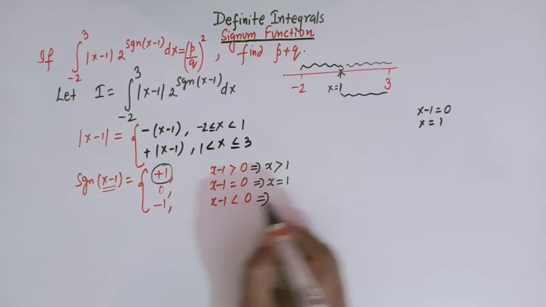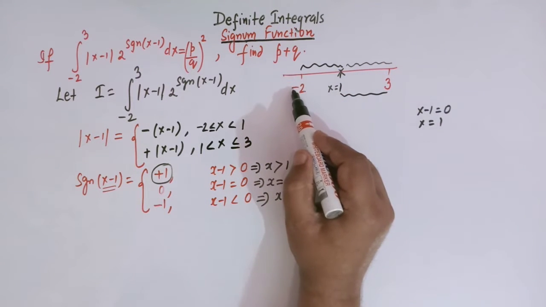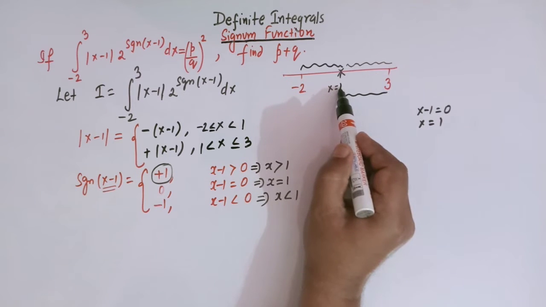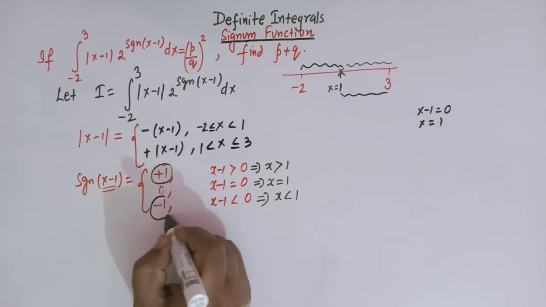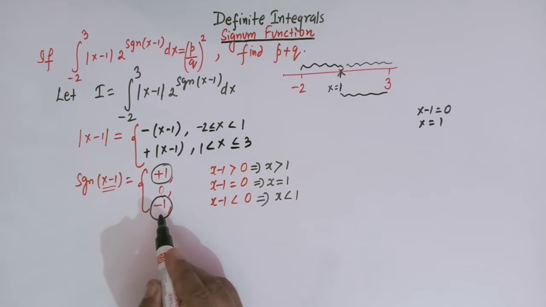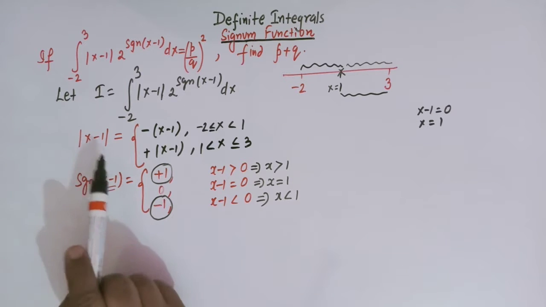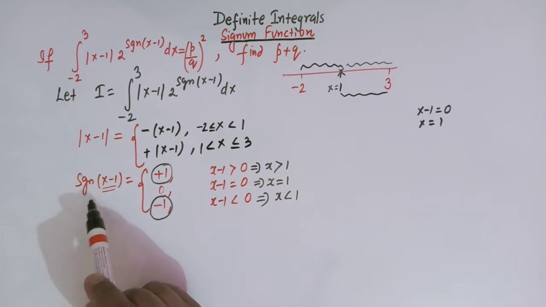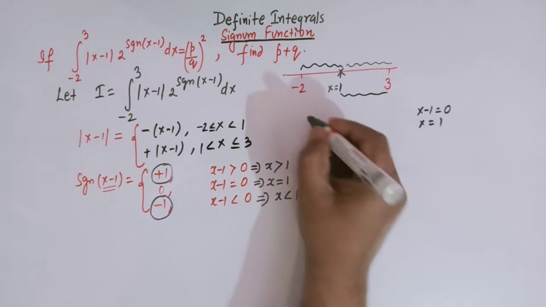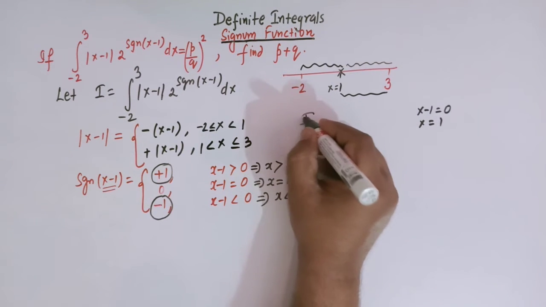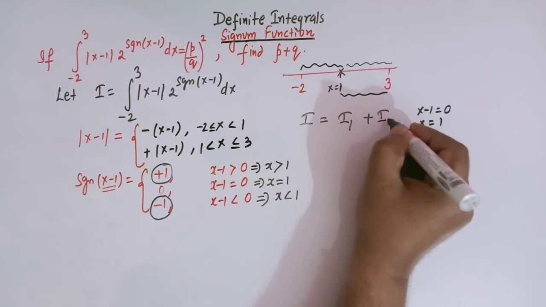And when x is less than 1, that is in the interval from -2 to 1, signum of (x - 1) takes the value -1. Now using these definitions, we can rewrite this integral I as a sum of two integrals, I1 plus I2.